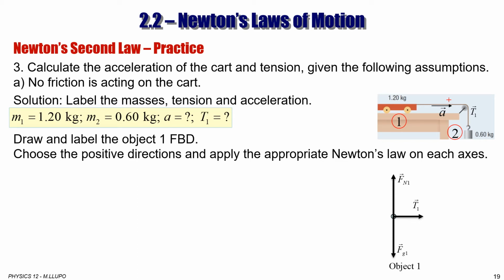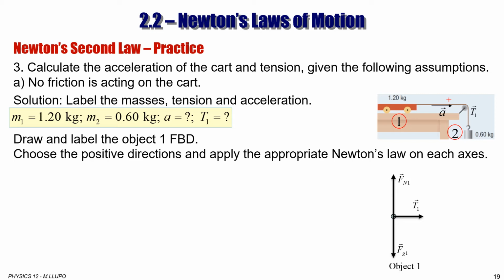The direction of the motion is the direction of the acceleration, and that is the direction that we label as the positive direction, regardless of whether it is left or right, up or down. So choose the positive direction and apply the appropriate Newton's law on each axis.